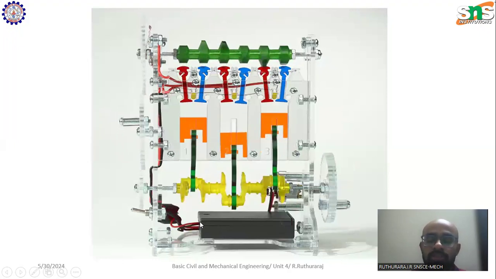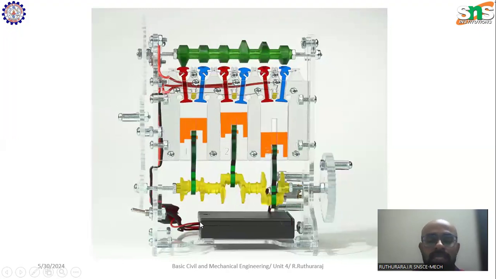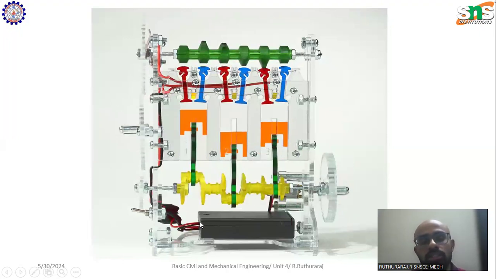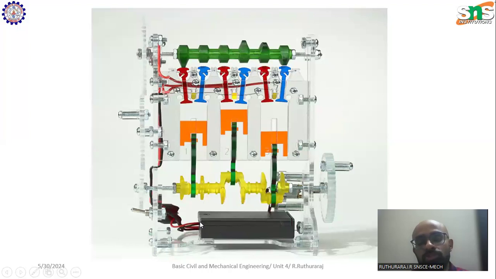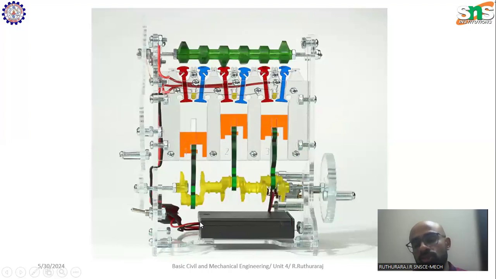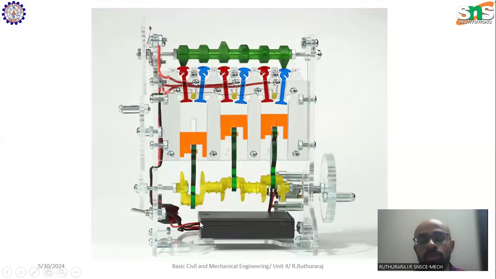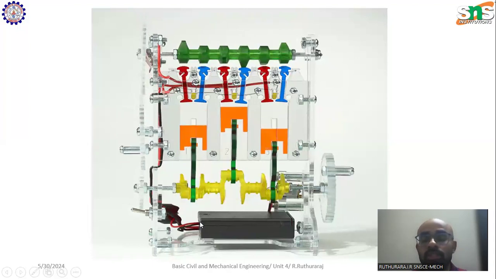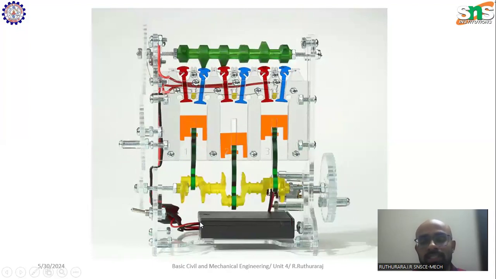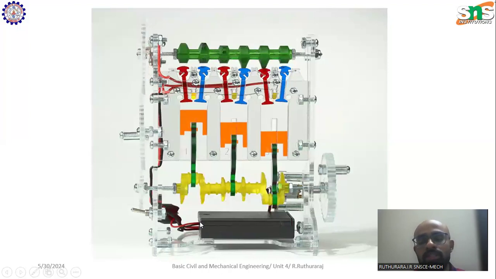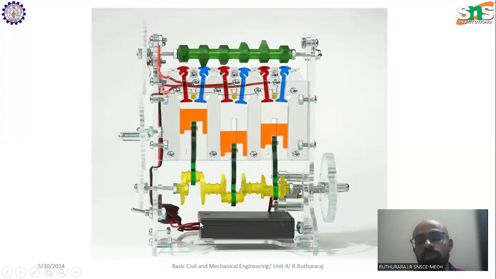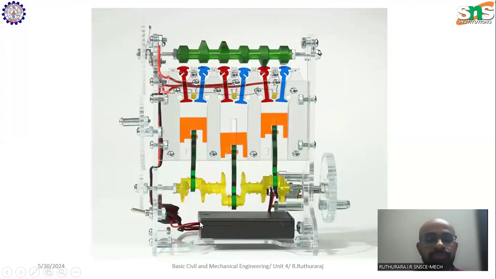A machine is a combination of different mechanisms. Here, the linear motion of the piston is converted into rotary motion of the crankshaft with the help of a connecting rod. This is an important concept.